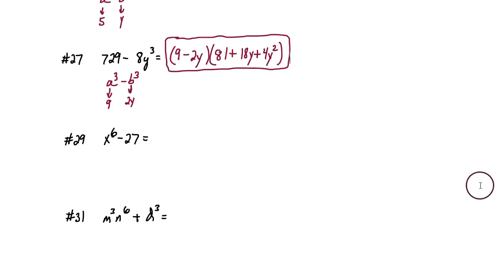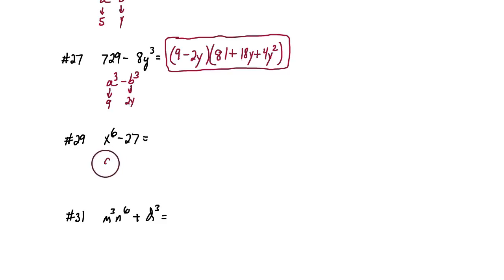Number 29. I see the minus sign, so I'm wondering if this is a difference of squares or a difference of cubes. The exponent 6 is both a perfect square and a perfect cube. Looking at 27, that is not a perfect square, but it is a perfect cube. The cube root of 27 is 3.